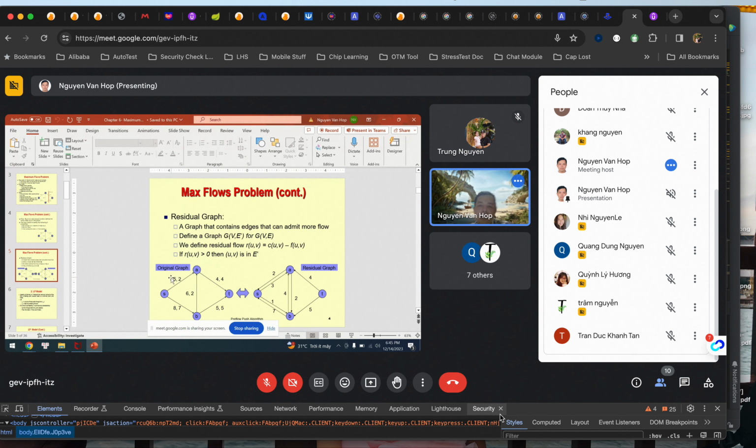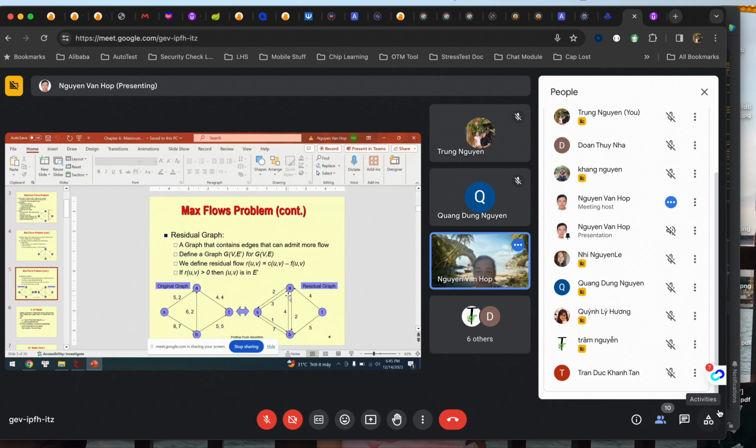Therefore, the remaining flow will be 3. Also, the residual flow of arc B to A is 4.